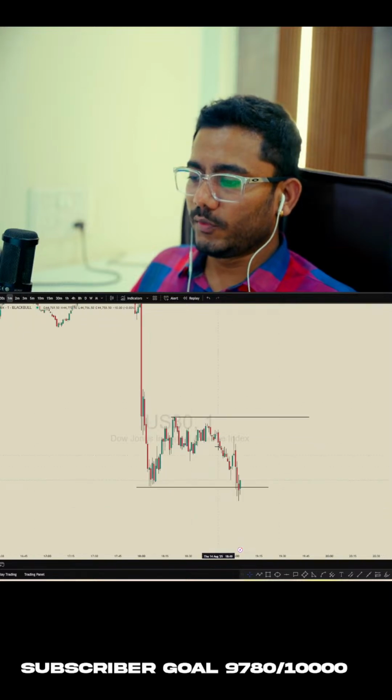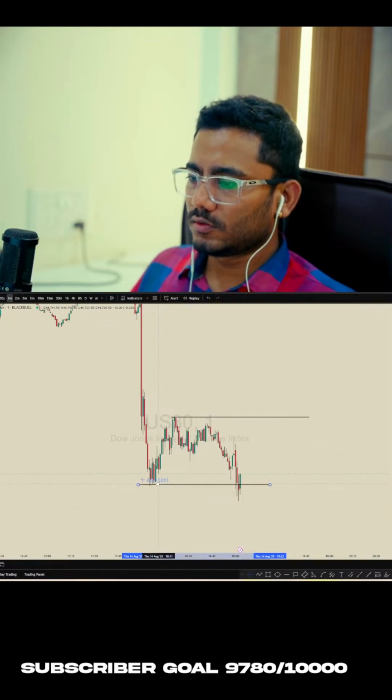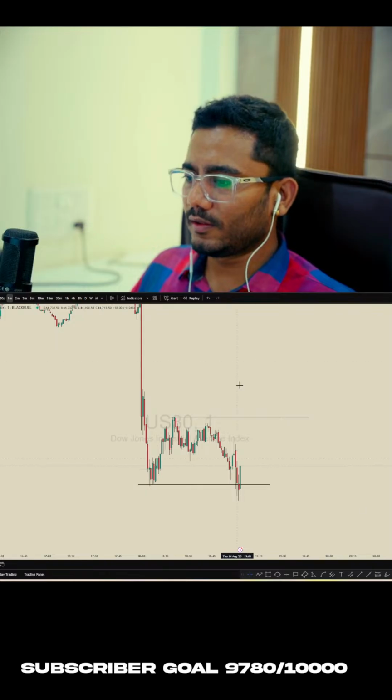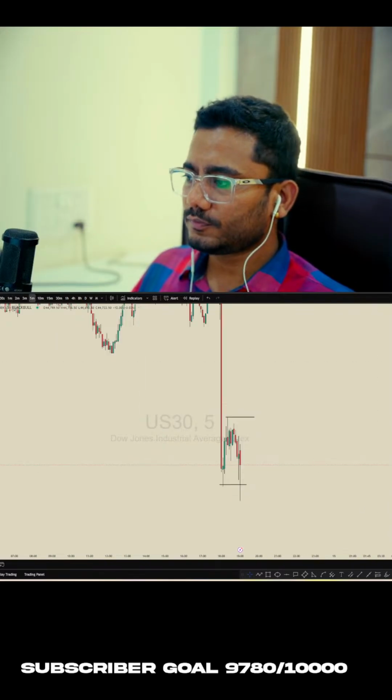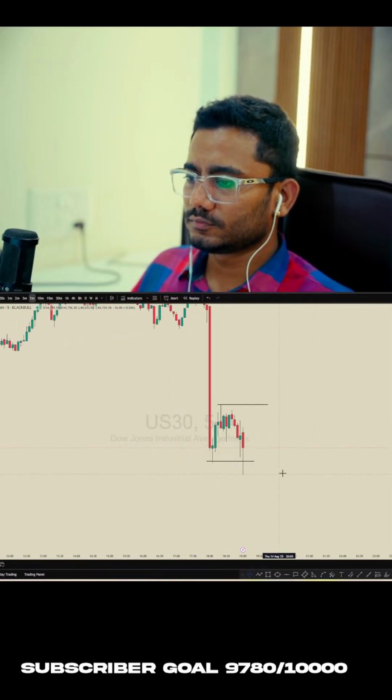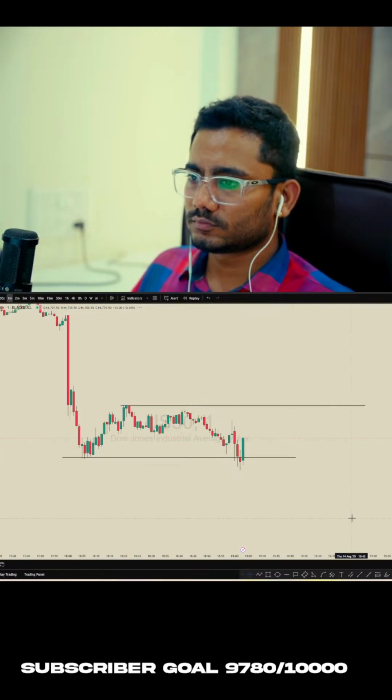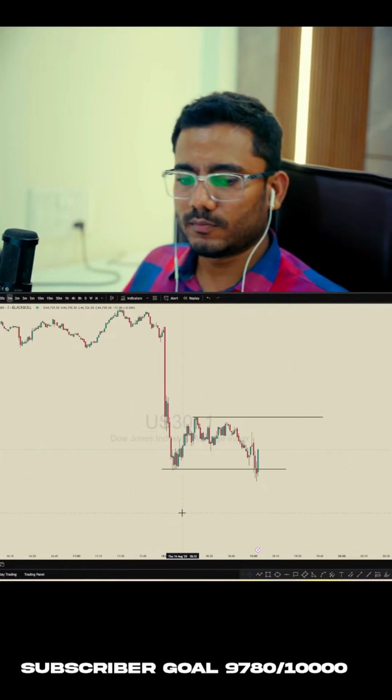I think it's sweeping the liquidity from the downside to shoot up. Let's see. I'm not entering, I'm just watching the chart. Let's monitor on lower time frame what price is doing.